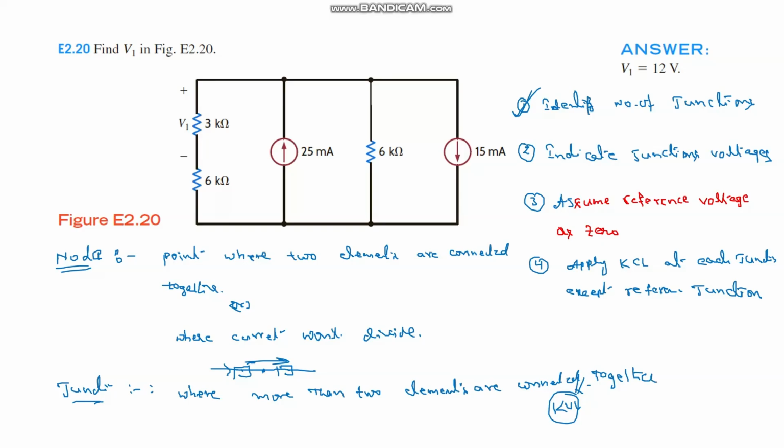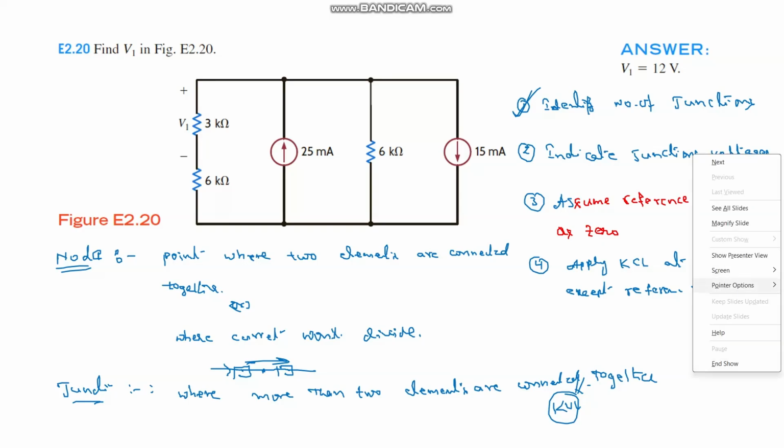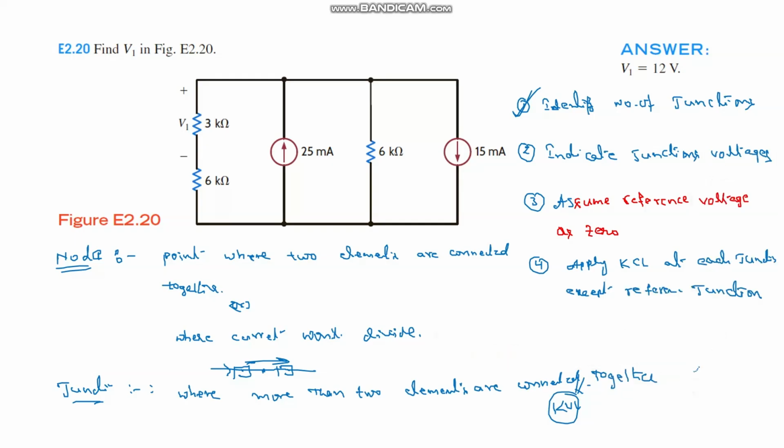Otherwise, we can say it is a point where current can divide. At a junction, current can divide into a number of paths, but at a node, current won't divide. The current passing through each element is the same. These are the two points.